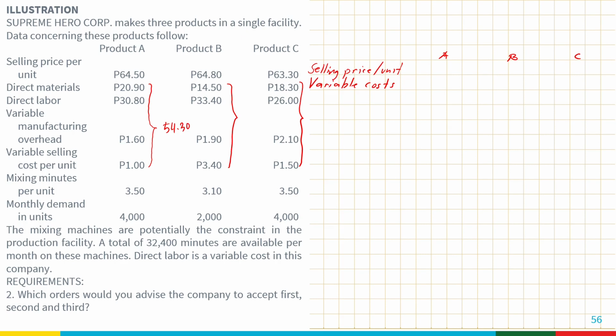Sa B naman, sa B. 14.5 plus 33.4 plus 1.9 plus 3.4, 53.2. And then sa product C, 18.3 plus 26 plus 2.1 plus 1.5, 47.9.